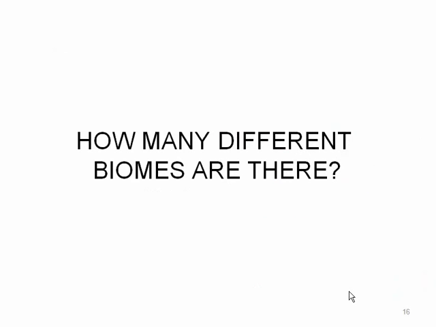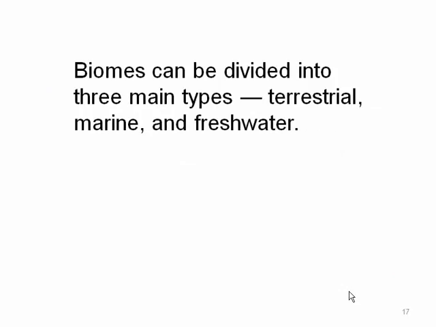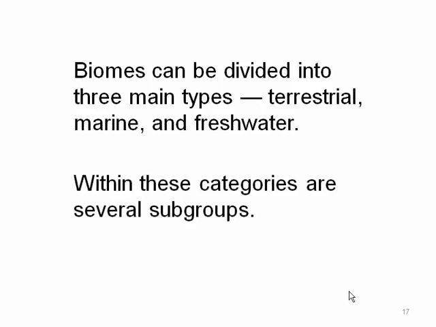So how many and what types of biomes are there on the planet? They can be organized largely into three types. As we noted earlier, you can have terrestrial, marine, and freshwater. And then within each of these larger categories, there are different subgroups depending mainly on the plant communities present.